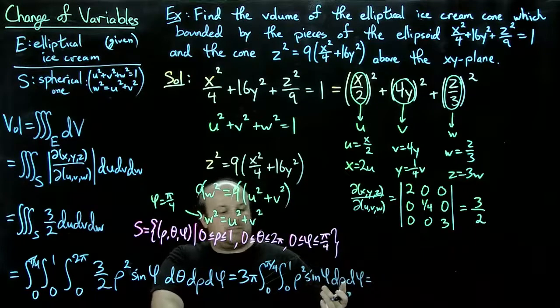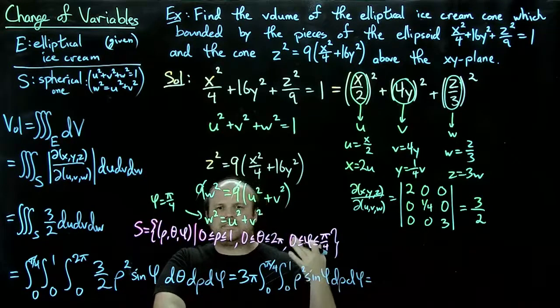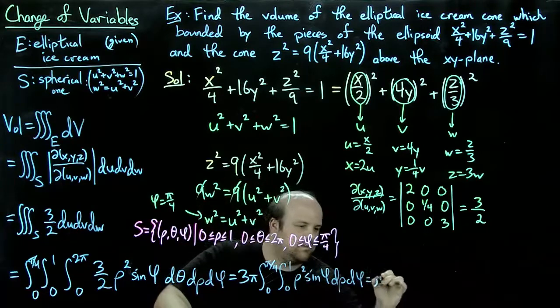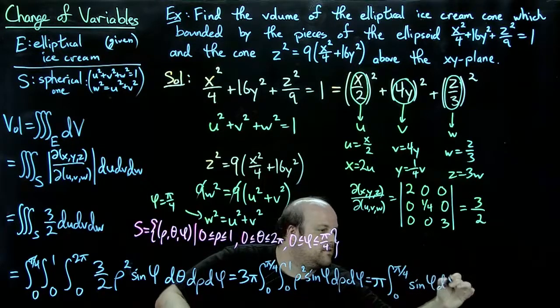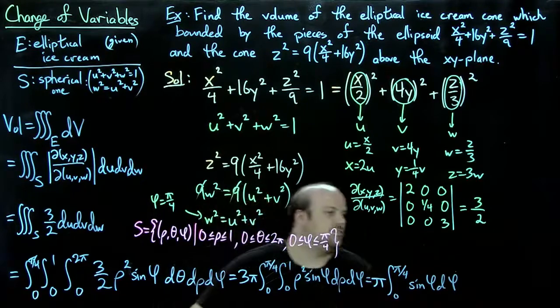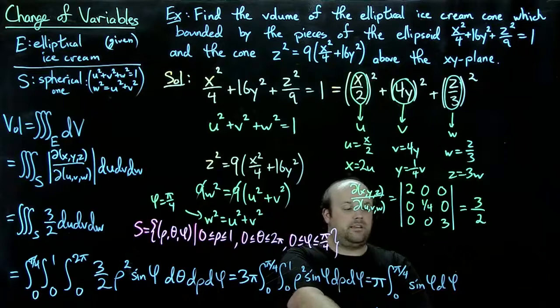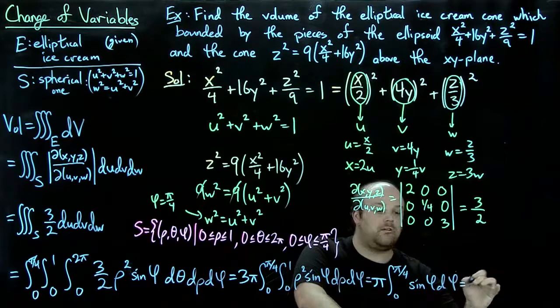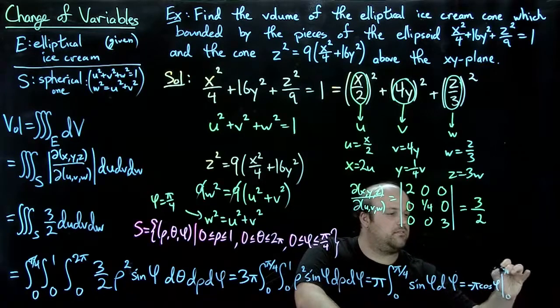Now, when I integrate with respect to rho, I'm going to get 1/3 rho cubed sine phi from 0 to 1. So all that's going to do is contribute a 1/3. So I just have pi, 0 to pi over 4, sine phi, d phi. All right, now I integrate that, and this is going to be negative pi cosine phi from 0 to pi over 4.